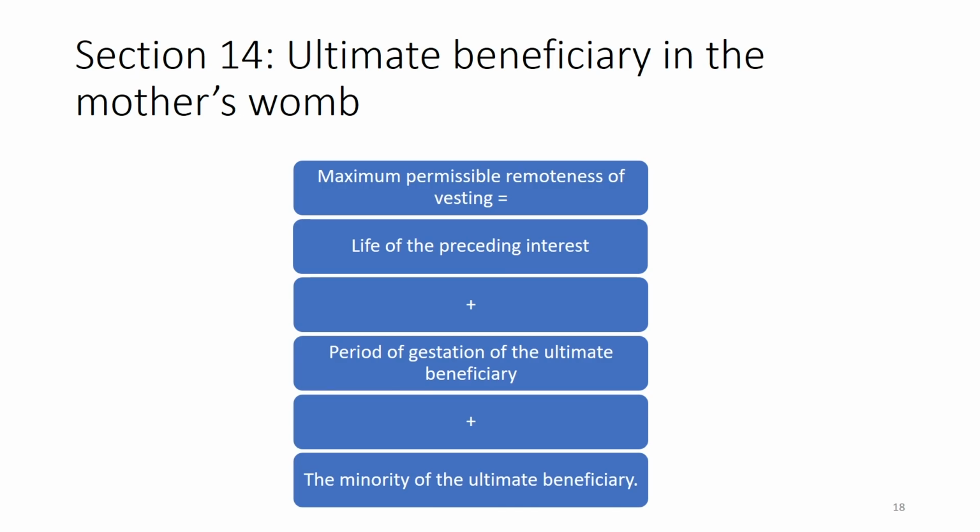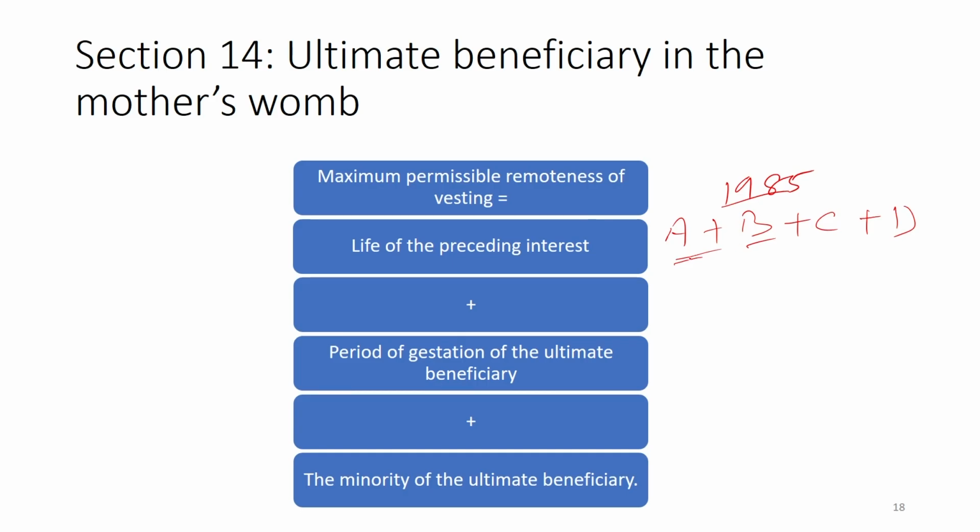The maximum permissible remoteness of vesting is the life of preceding interest, it may be Mr. A, B plus C plus D. This agreement was made in 1985 by a person, that it will go to the grandson.